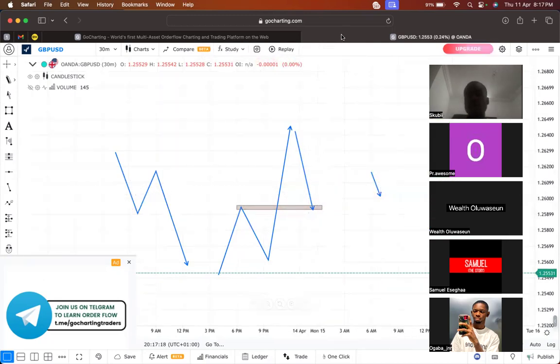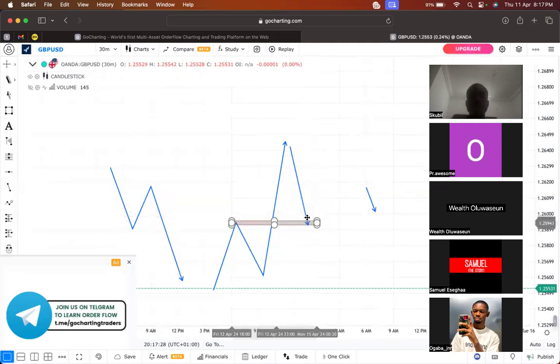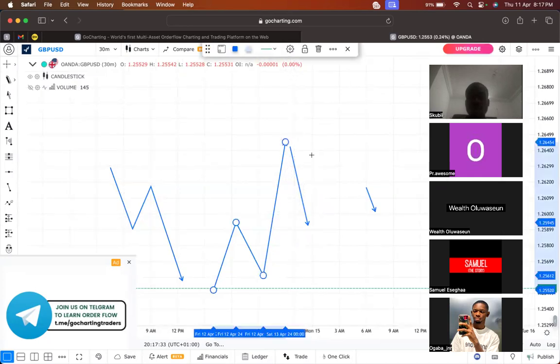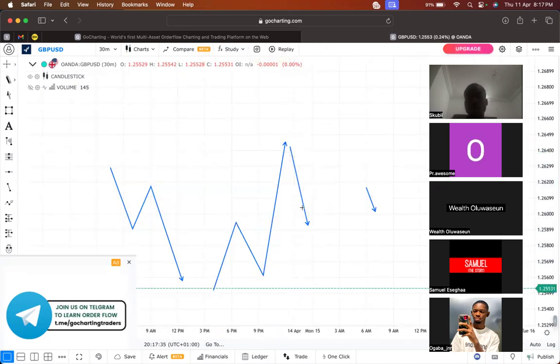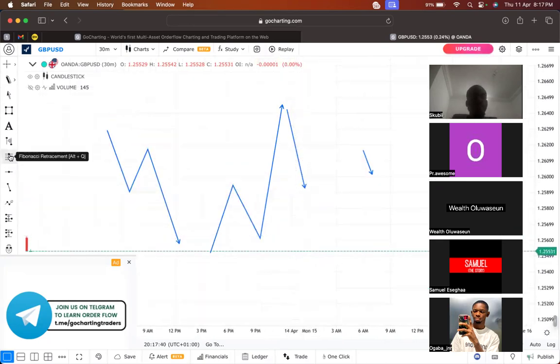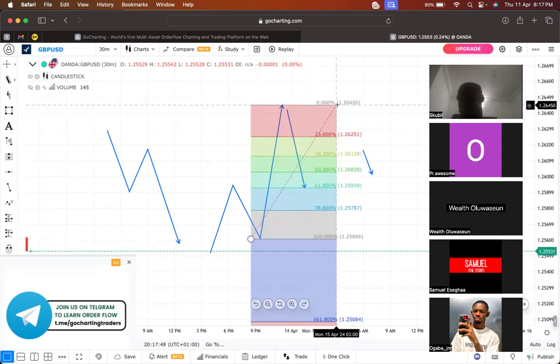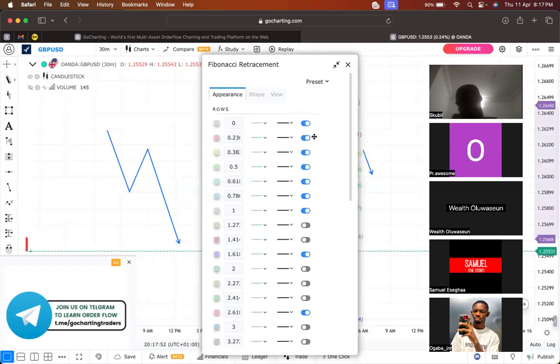Whenever price breaks a certain level, what I do is carry my Fibonacci retracement tool and plot from the low to the high. In this case, since a buy is going to be from the low to the high, if it was for a sell, it's going to be from the high to the low. So one sec, let me edit this Fibonacci. It has not been edited here yet.